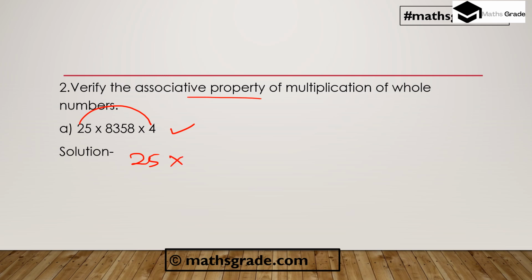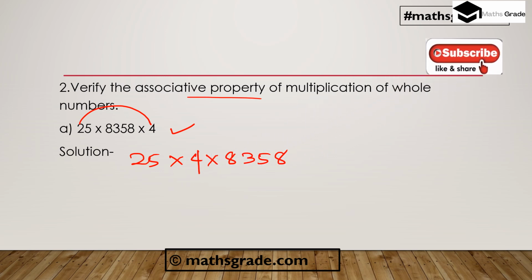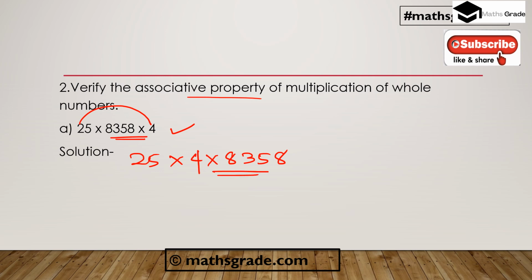Now this will be 25 multiplied by 4 multiplied with 8358. 8358 multiplied with 4 is 4 multiplied with 8358, and this is the commutative property of multiplication of whole numbers.